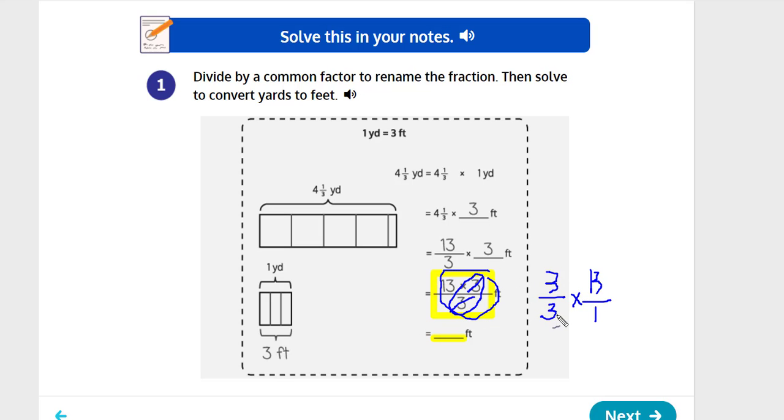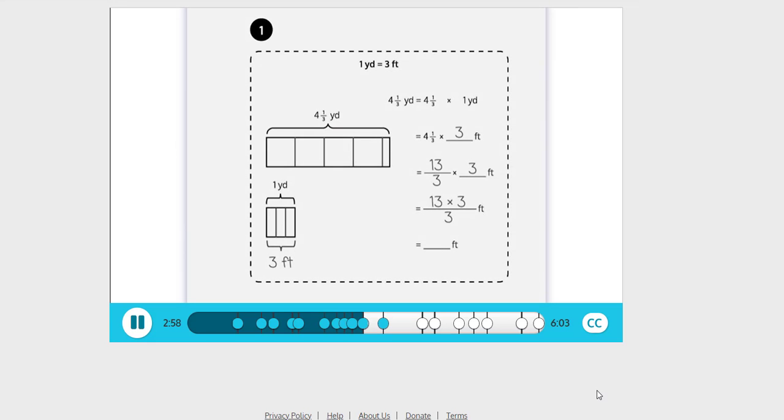And what's 3 divided by 3? We can divide the numerator and denominator each by 3. 3 divided by 3 is 1. 13 times 1 divided by 1 equals 13. So 4 1/3 yards equals 13 feet. Check your work.